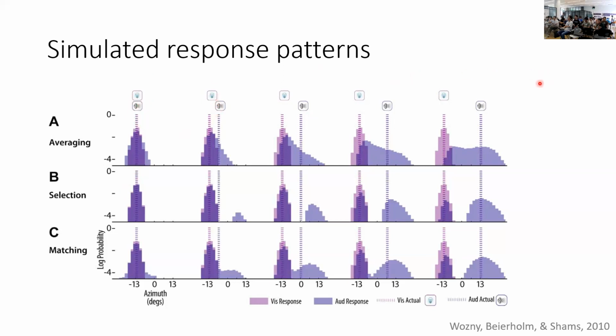And to the right side, you will see a bigger and bigger difference between them. But as you can see, the averaging decision strategy would predict a very continuous distribution of responses. However, the selection one or the matching one, they would have some different pattern.